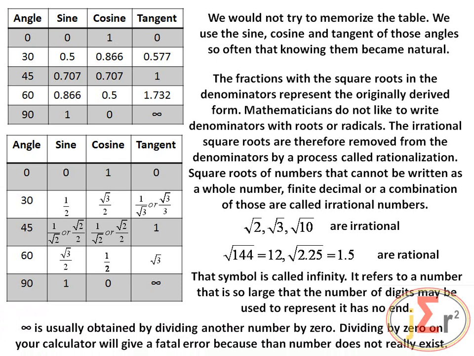Dividing by 0 on your calculator will give a fatal error because that number does not really exist. It is so large that it really isn't real. And dividing by 0 gives a fatal error because its intended answer is actually infinity.